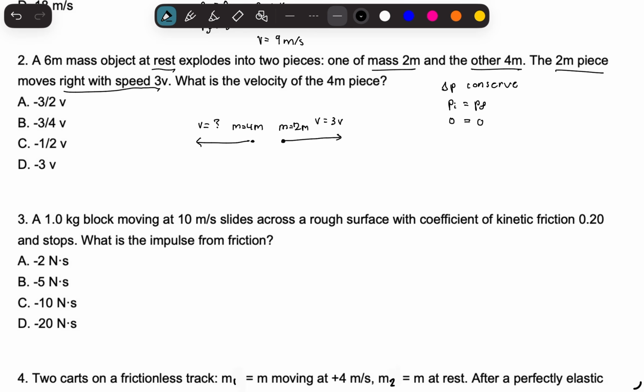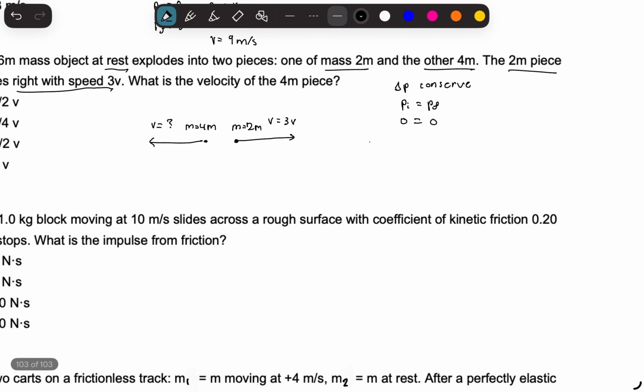So now we can write our momenta. For the 2m piece, we're going to have 2m times 3v, which is equal to 6mv. Now for P2, we have 4m times u, where u is the velocity.